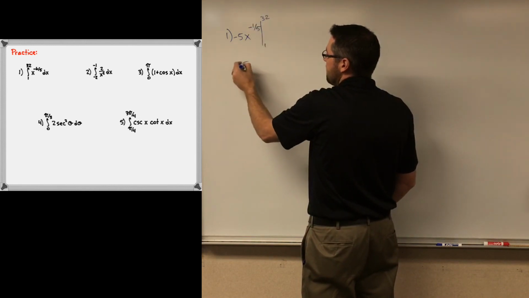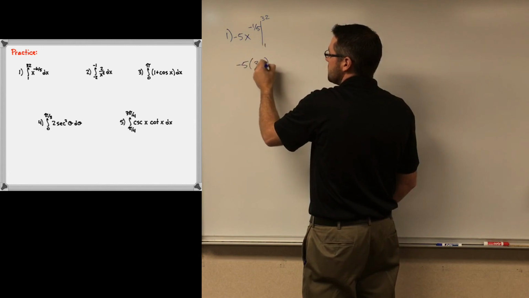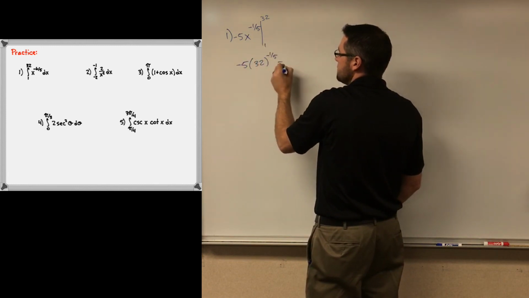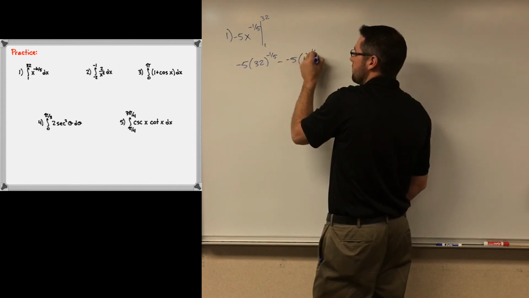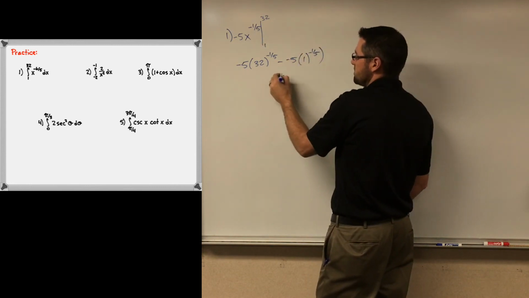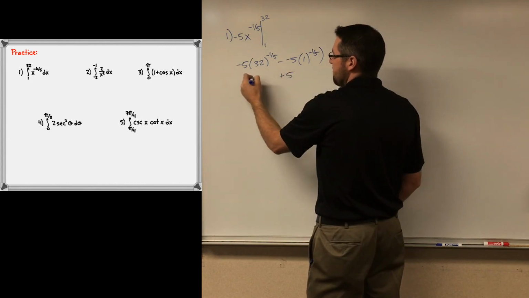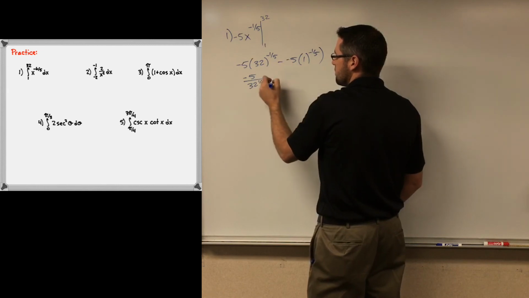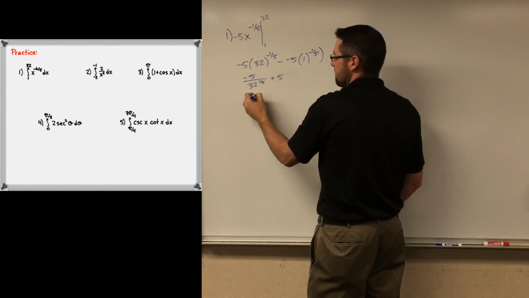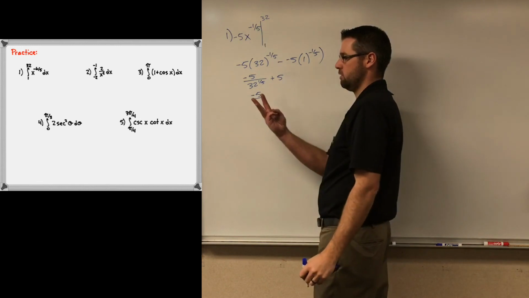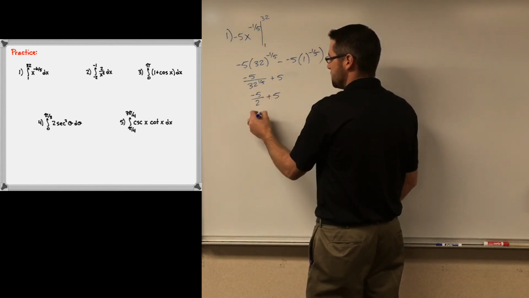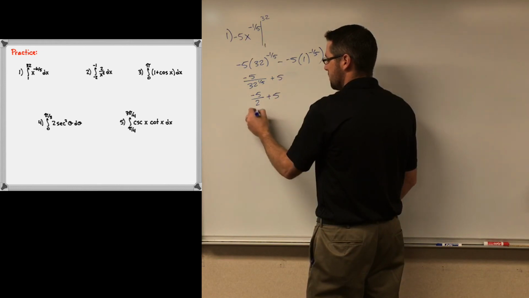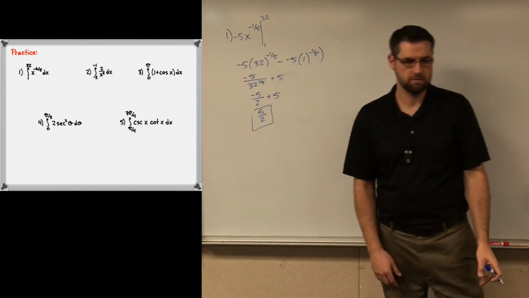So it's going to be negative 5 times 32 to the negative 1/5 minus negative 5 times 1 to the negative 1/5. Well, this one's easy enough. This will be plus 5, right? This one is negative 5 over 32 to the 1/5. So what is that? That's negative 5 over 2, 4, 8, 16, 32, 2. Plus 5. So negative 2.5, so 2.5, so 5/2, yeah? 5/2?